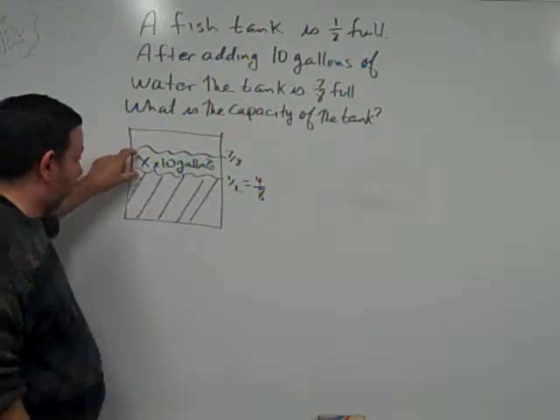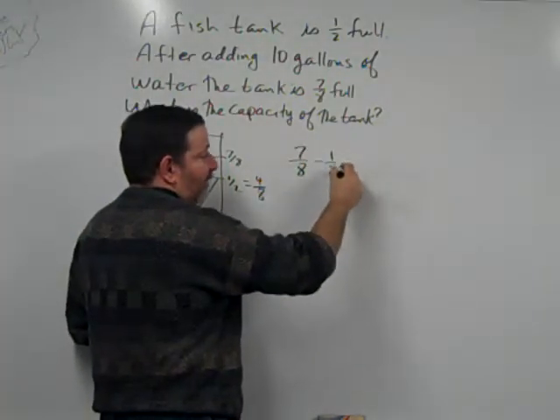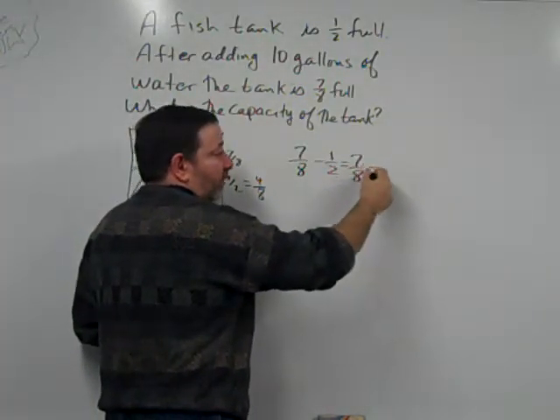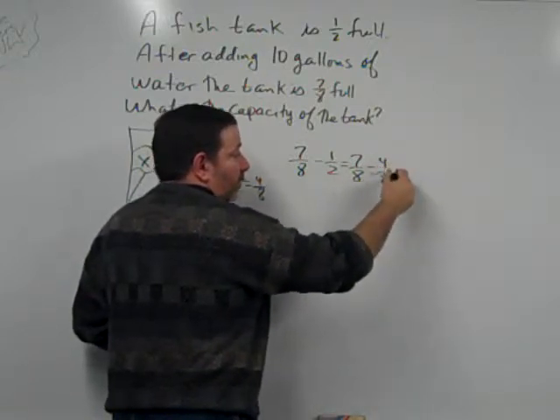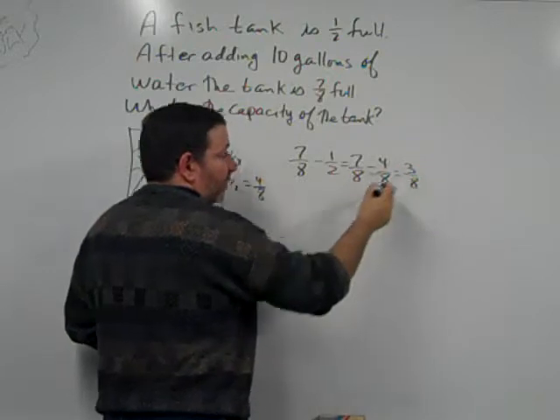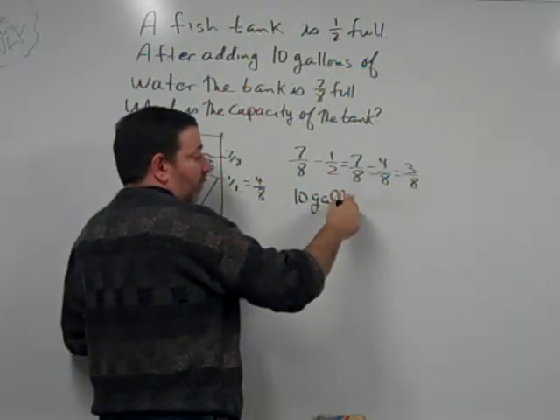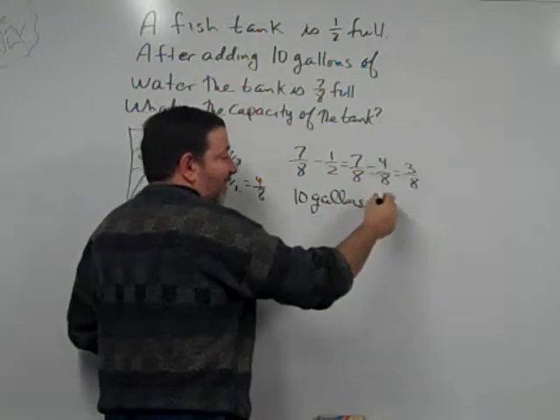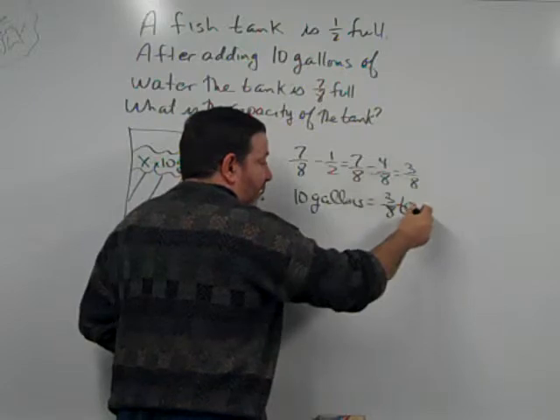That's 3/8. 7/8 minus 1/2 is 7/8 minus 4/8, which is 3/8. The 10 gallons represents 3/8 of the tank.